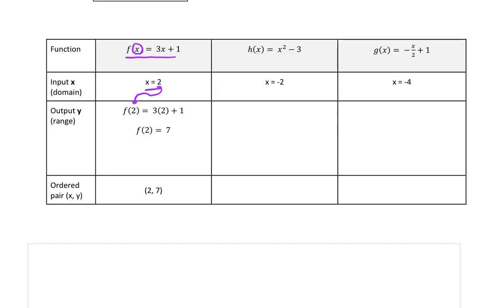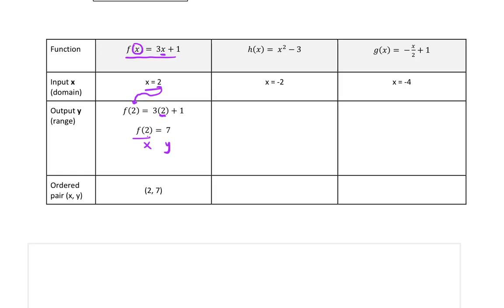In the function where that x is, we're going to replace that x with a 2, and then we just evaluate. So when you take the function f and you plug 2 in, the output is 7. If we write that as an ordered pair, x is 2 and y is 7.